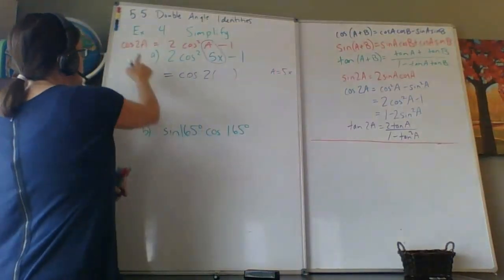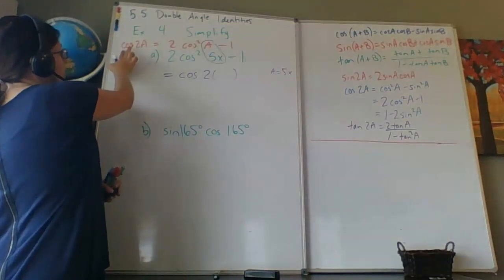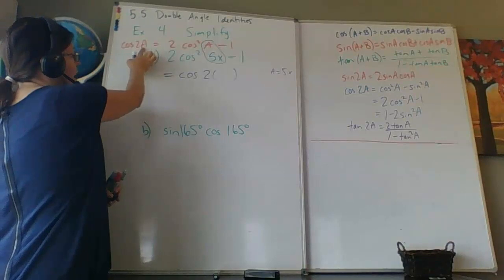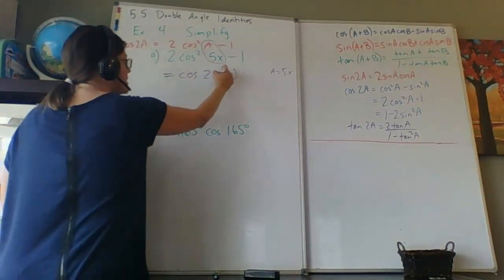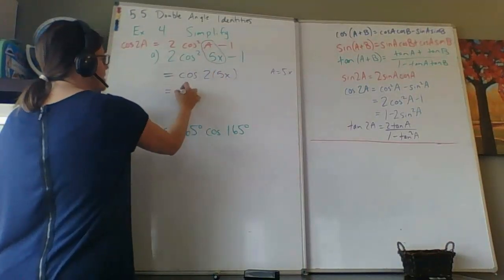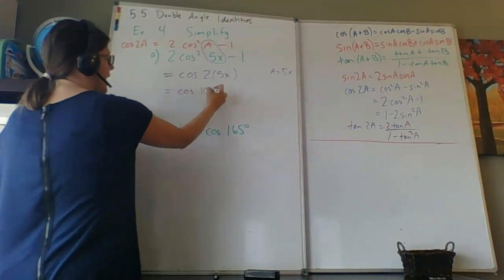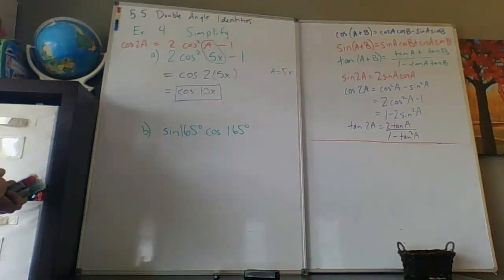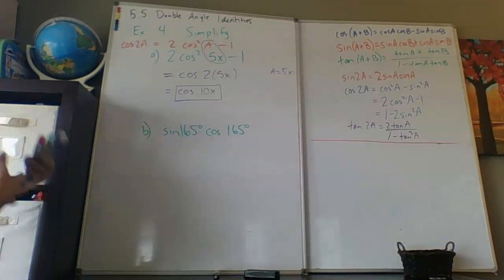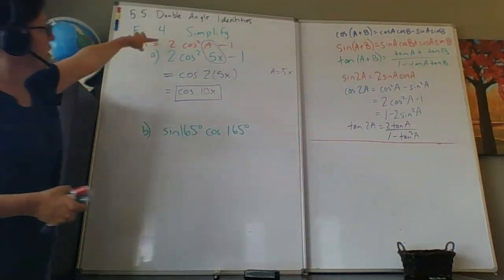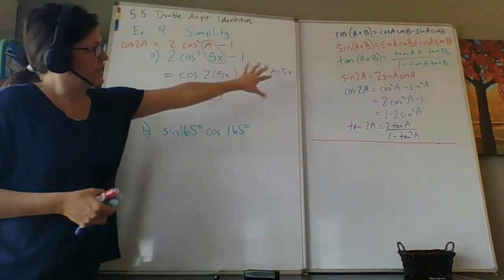So now, because it's equal to the cosine of 2a, I can plug in my a as 5x, or this is the same as cosine of 10x. Now these examples are a little contrived where they are really going to appear very similar to the identities.